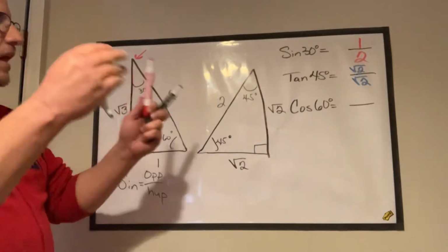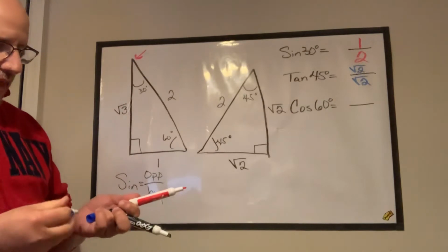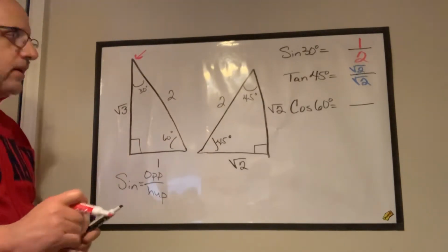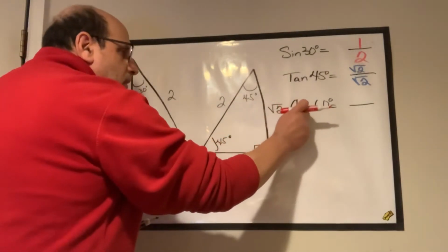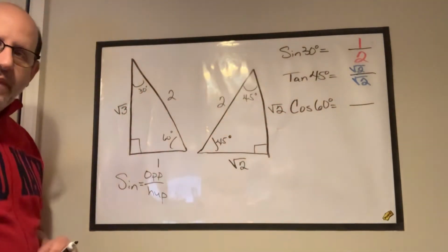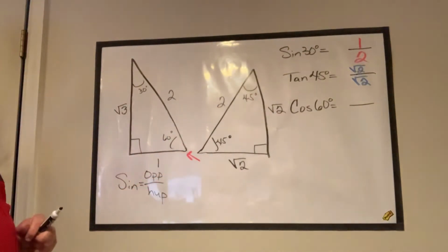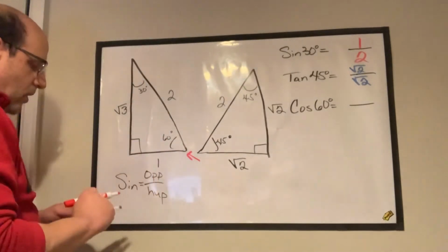Okay, here's the last one, and this is the one where you actually have to do some math on a calculator. So I'm going to get back over here. I'm going to erase this little arrow right here because this says, I want to know what the cosine of 60 degrees is. And I'm going to start right here at this 60-degree angle. Go back to this guy. And I'm going to say, well, what's the cosine?